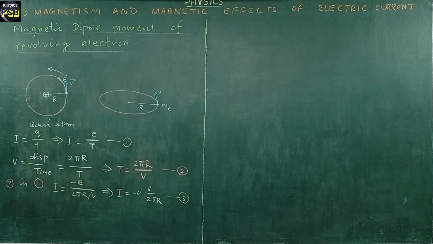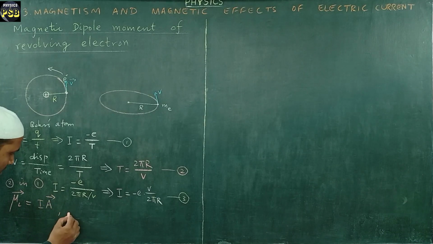Now I obtain the expression for magnetic dipole moment, which is the letter mu L, and it's obtained by multiplying the current with the area of the loop. In vector form, it is written as mu L vector equals I A vector. The A vector is the area vector.